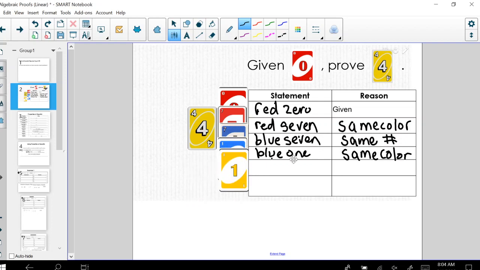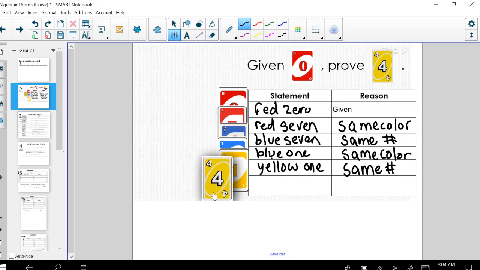We have the yellow 1, which I can lay down because they are the same number. And then I have the yellow 4, which is what I'm trying to prove up here, which is where I want to end up.